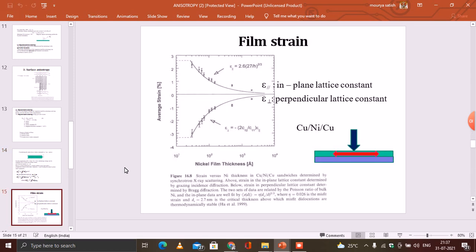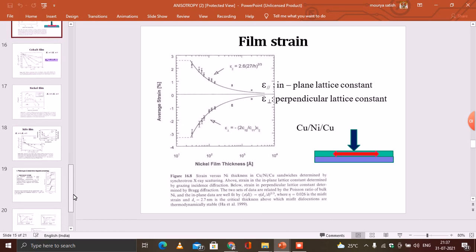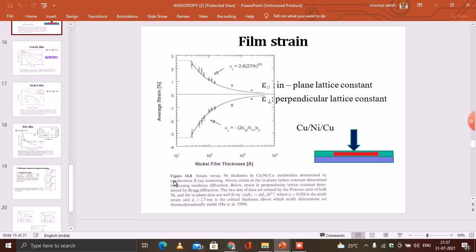Film strain: in-plane lattice constant, perpendicular lattice constant, copper, nickel, copper. This is strain versus nickel thickness in copper-nickel-copper sandwiches, determined by synchrotron X-ray scattering.